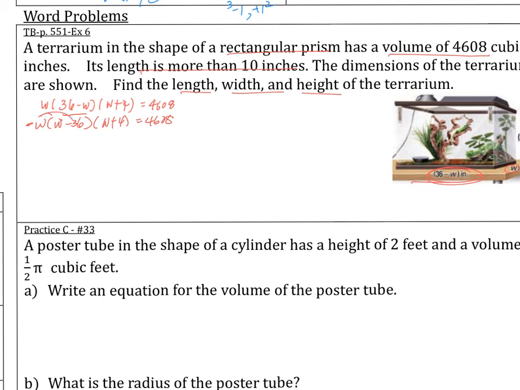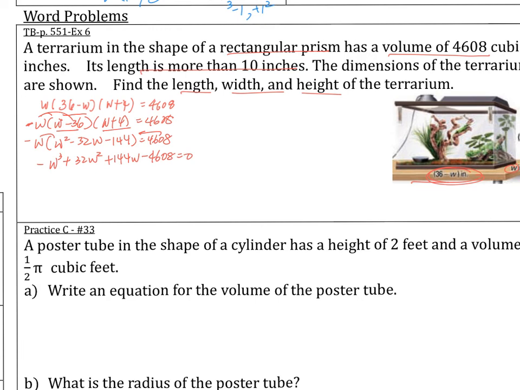And then now I can take this binomial and this binomial and expand it. And I could distribute a -w in. And I need to move this over so that this is equal to 0.